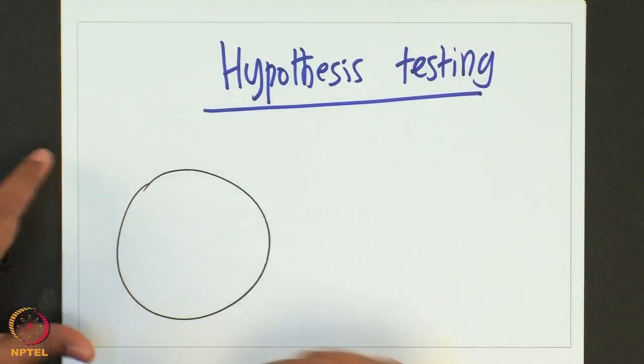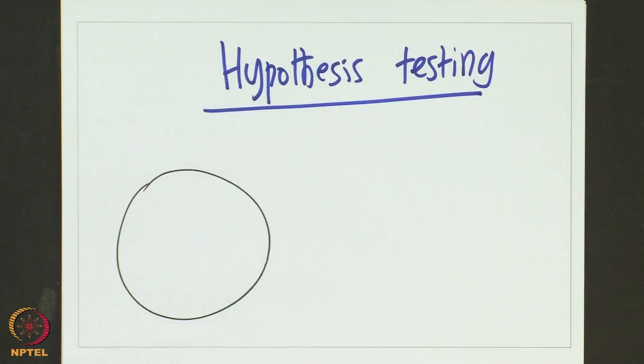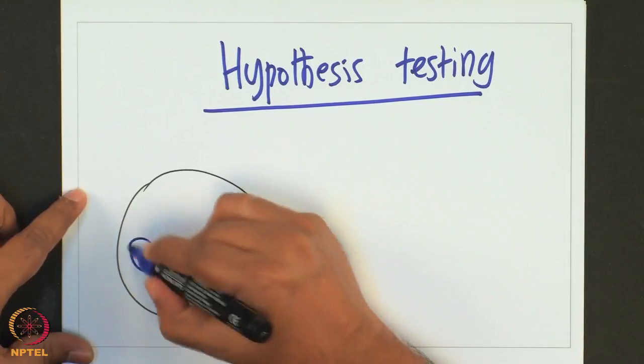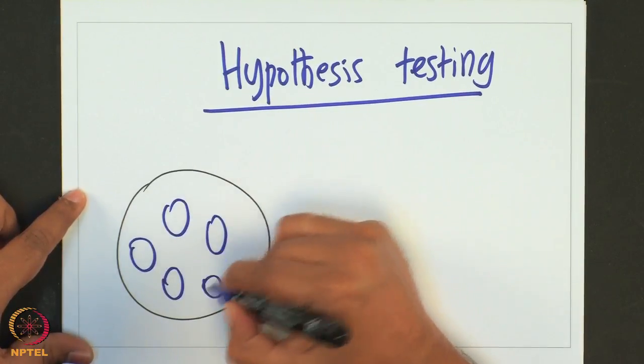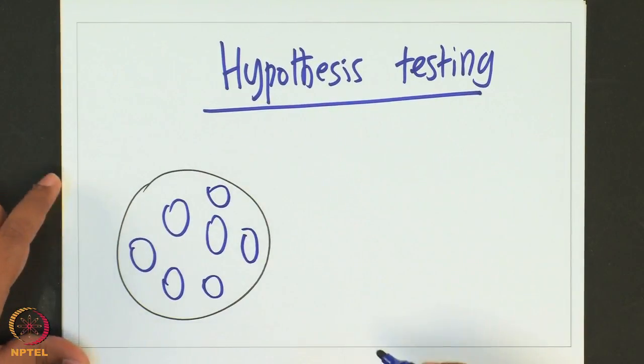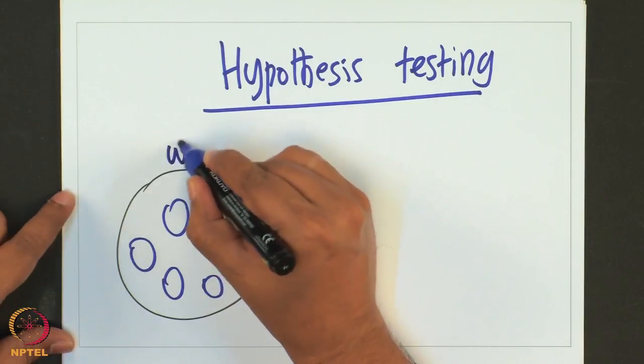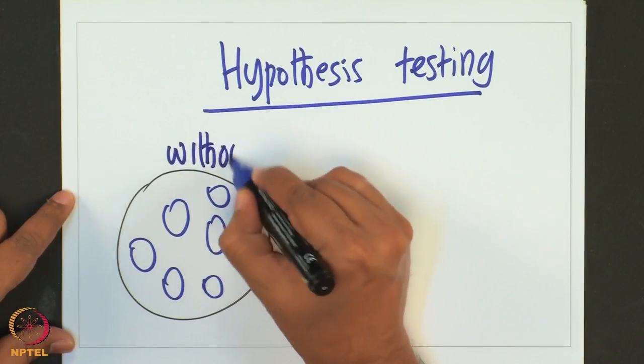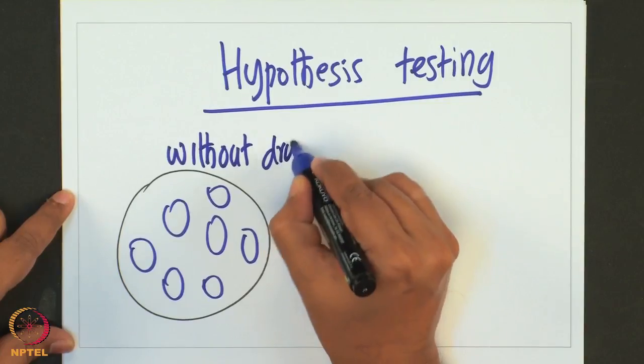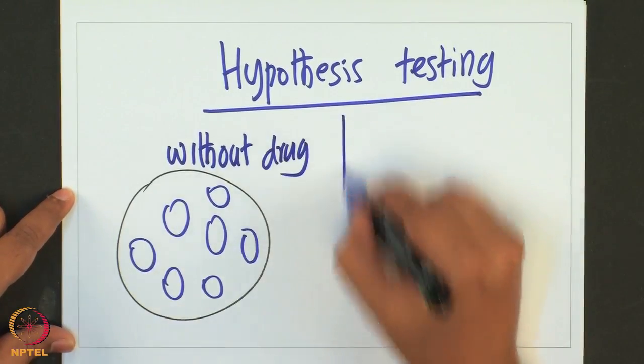So, let us think of a population. This is a population of cells we are going to draw in this. So, this is population of cells without any drug. Equivalently, you could call it without mutation.